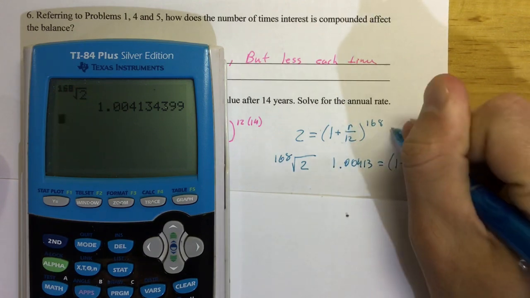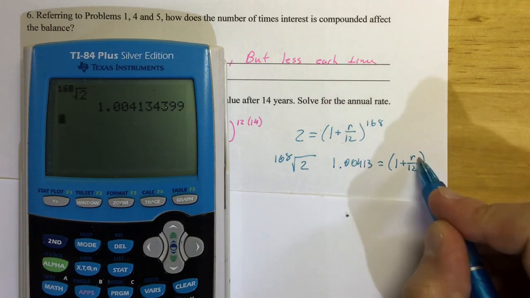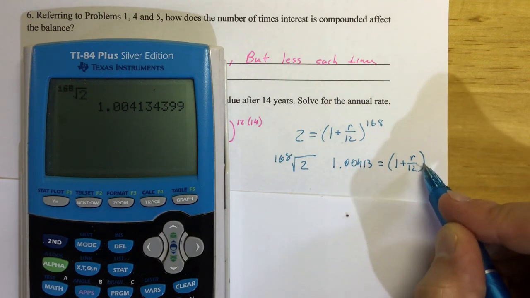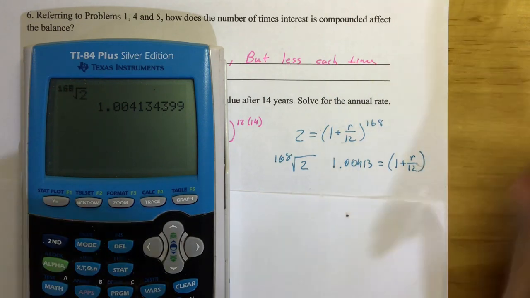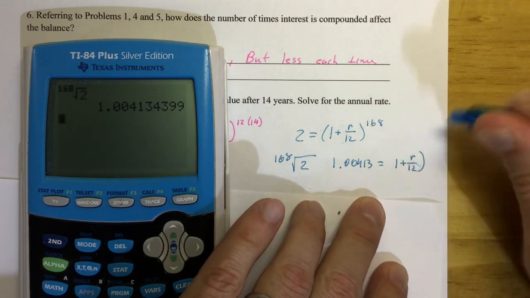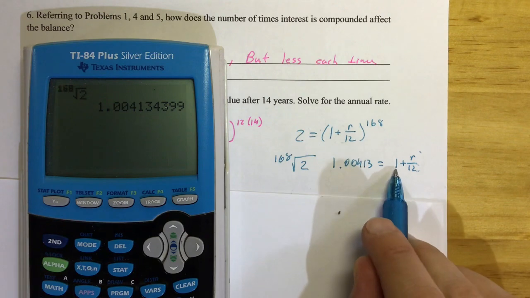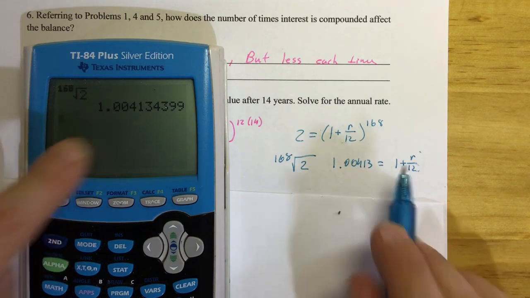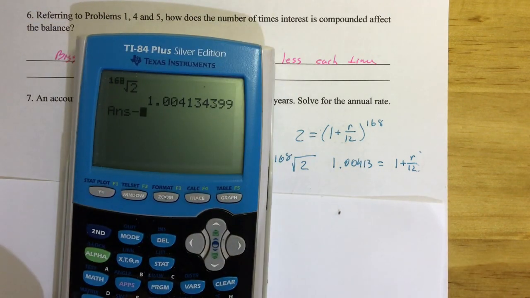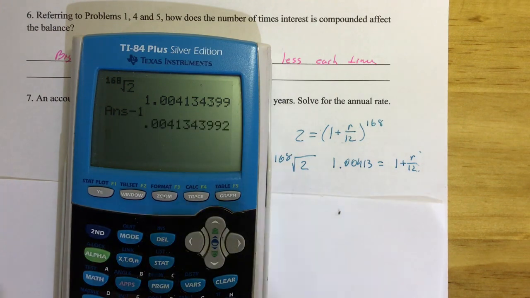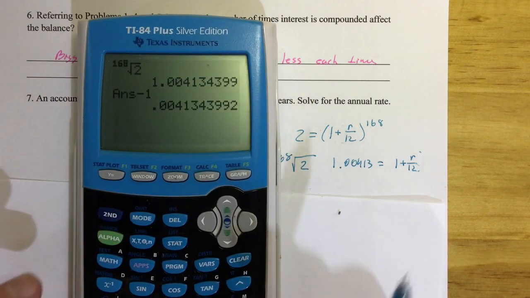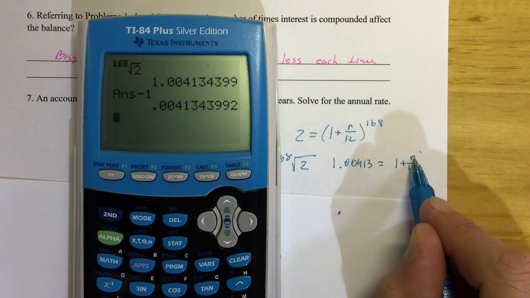Oh, sorry, the exponent's gone, so it's just that part. And our objective here is to get the R value, right? So what now we're going to do, and you don't need the parentheses, I just wrote them because I was thinking I needed my exponent for a moment. You're going to then just subtract that 1, so the 1's going to disappear from the number that we see here, but I'll just do it. Minus the 1. You do need to do it, but I'll go ahead and show you. I subtract that, and that's going to leave us with the R over the 12.